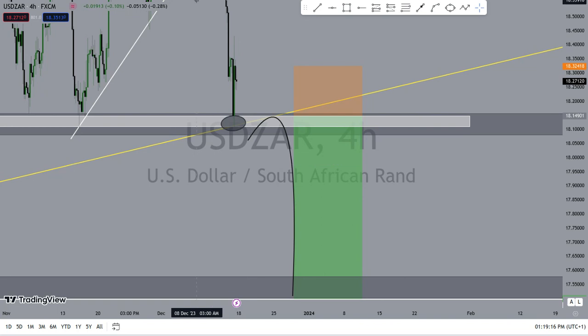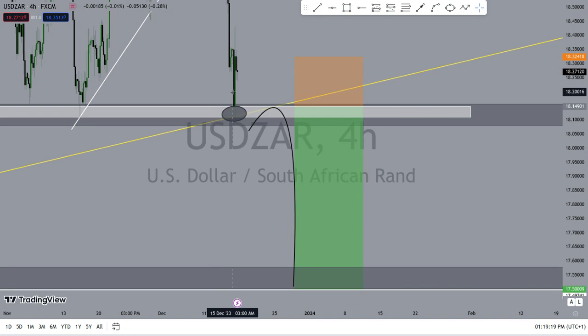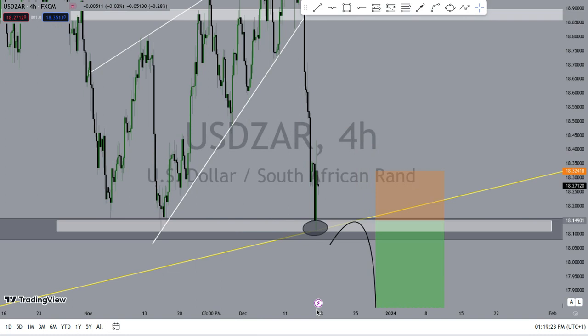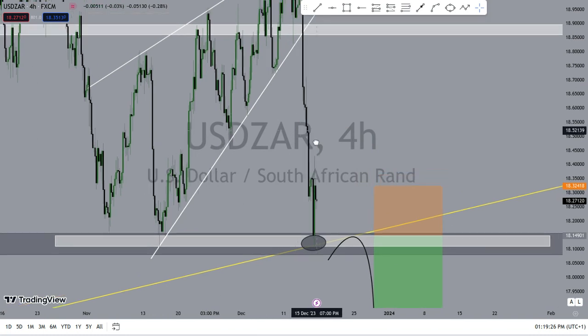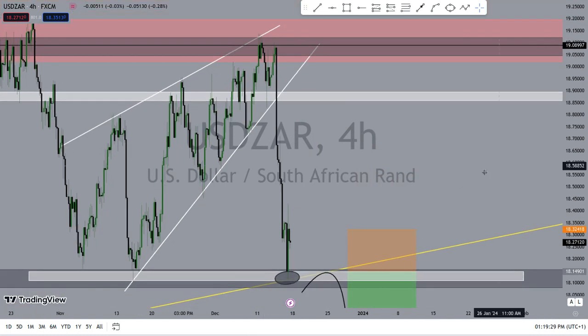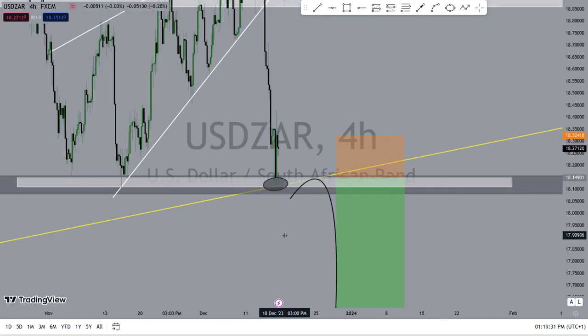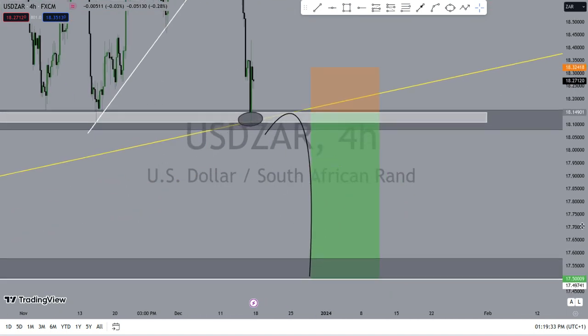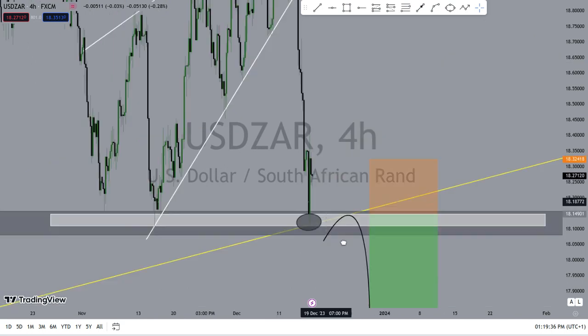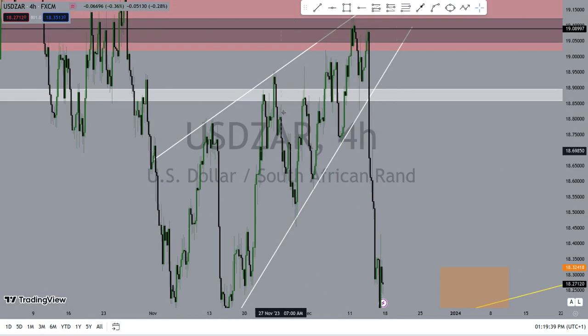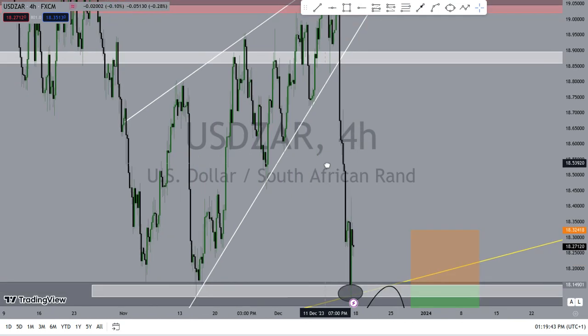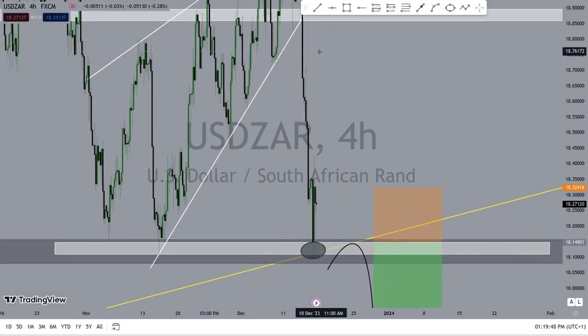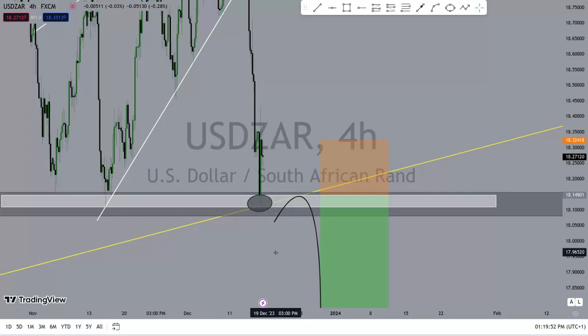We are looking for the market to come and break below this trend line, give us a clear retest before taking it to the downside, because you can see price has given us more bearish momentum after giving us so much consolidation, and now gave us a very great bearish move.